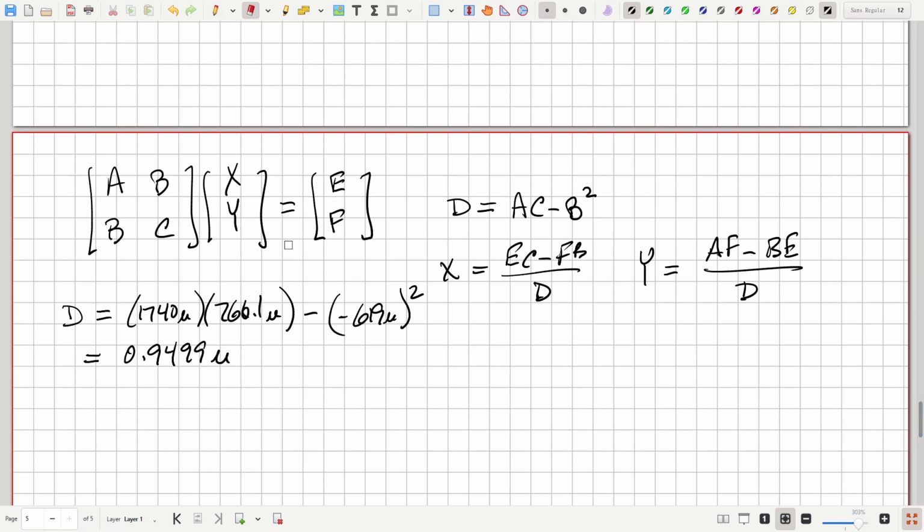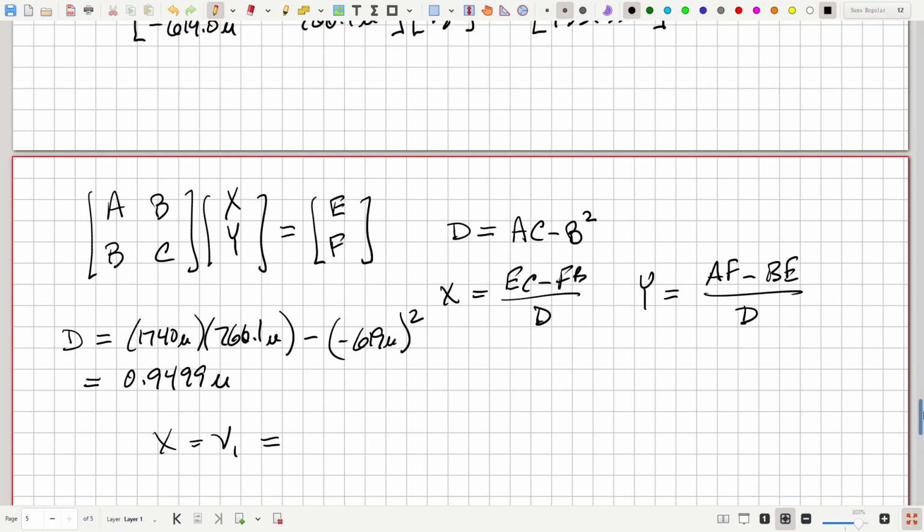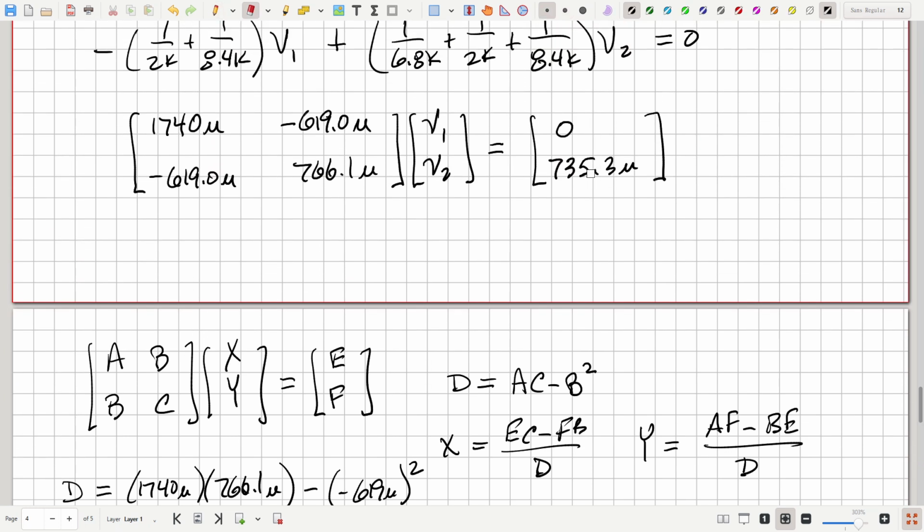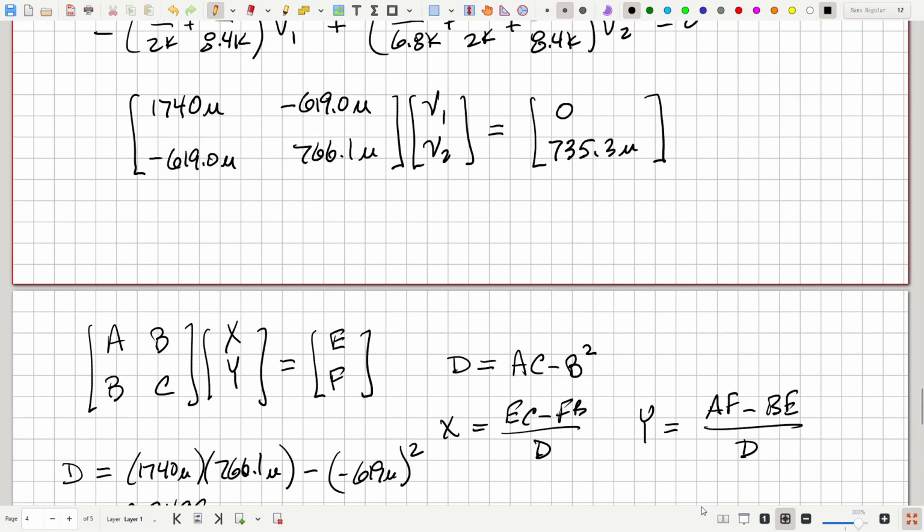And then the X, which would be our V1, would be equal to EC, let's see, so E is 0, so that would be 0, minus FB, so this is F, and this is B, so it's minus, so it's a plus.